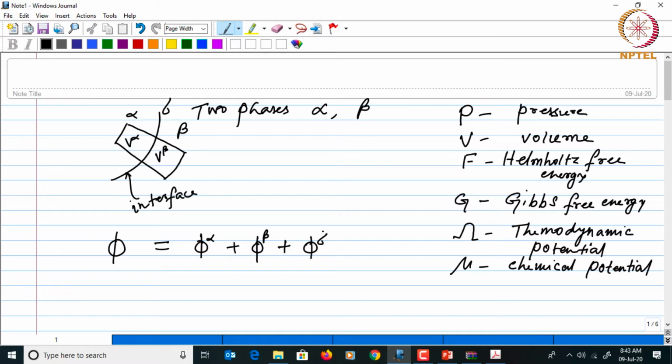Now these two terms that we have here, Gibbs free energy and Helmholtz free energy, let us define these two terms and then we'll proceed to the curved interface.